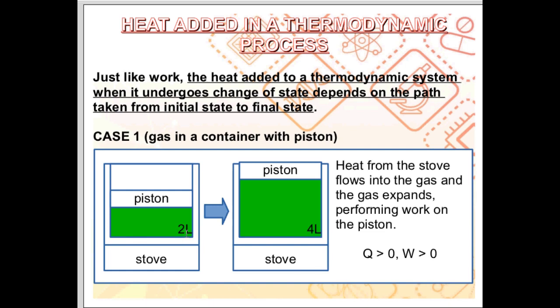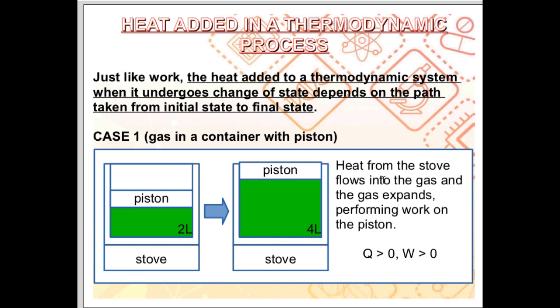If you now heat up the gas using a stove, heat from the stove flows into the gas, and the gas expands, performing work on the piston, pushing the piston up, reaching a final volume of 4 liters.